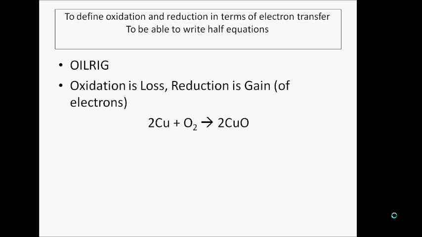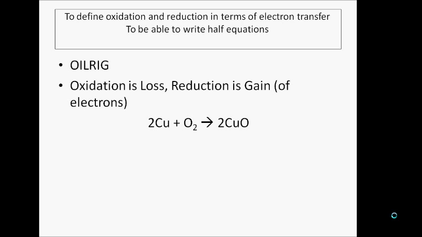On the left hand side, the copper metal is just a copper atom, so it's got the same number of protons as it has electrons, so it's neutral. On the right hand side, it's become a copper 2+ ion. So each copper has lost 2 electrons, going from Cu to Cu2+. So from the electron transfer model, it's been oxidized because it's lost electrons.